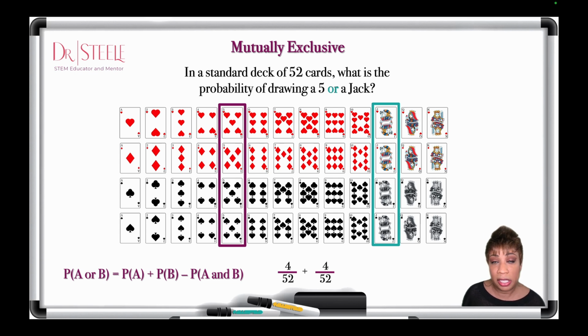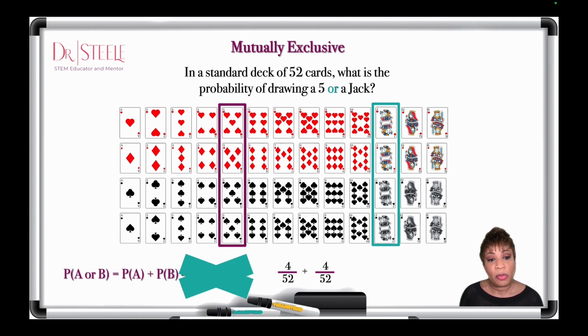Well, that's not possible, so we basically don't need that, and we're going to subtract 0. So, are these going to be disjoint or are they independent? They're disjoint. If you didn't know that by now, I'm going to need for you to stop, rewind, and watch it again, okay? And so our final answer is going to be 2/13.